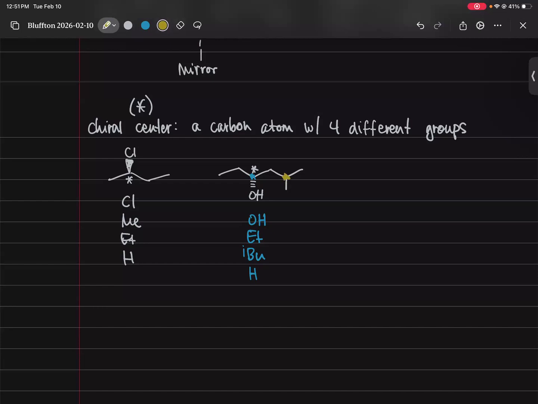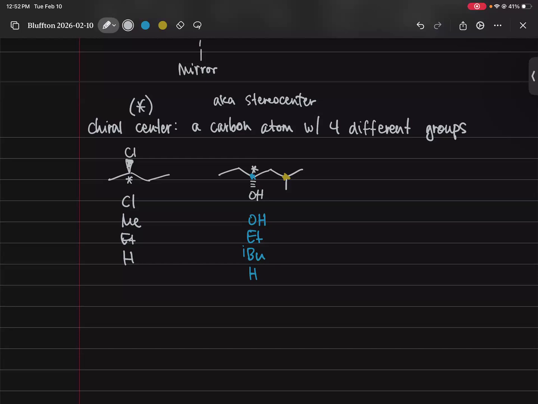What about that carbon? Is that a chiral center? No. Sorry, I keep finding myself saying stereocenter. Same thing. So no, the yellow carbon is not a chiral center because it's got this long group of the alcohol, all that stuff going left.